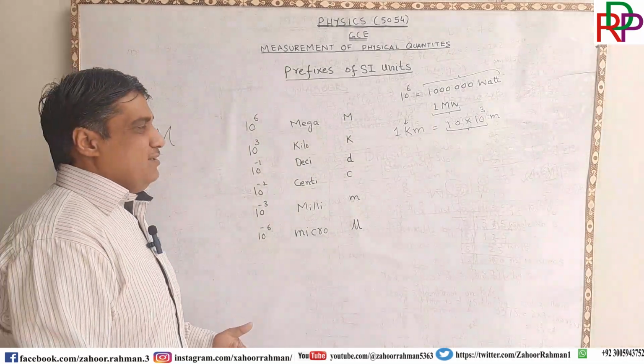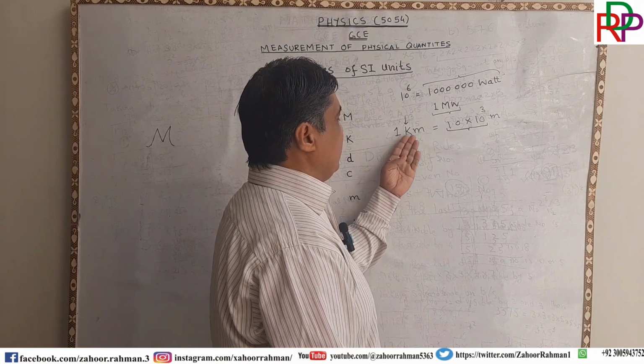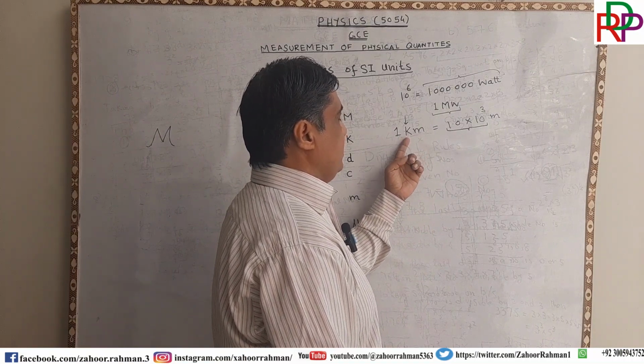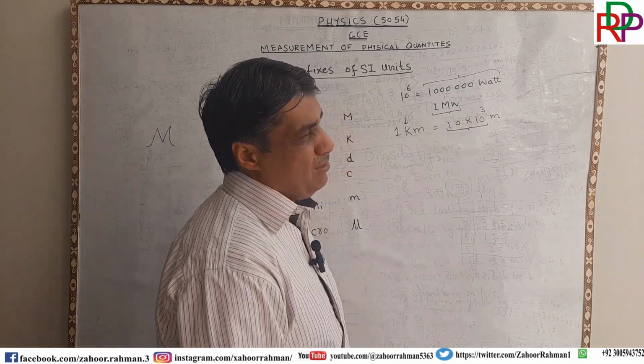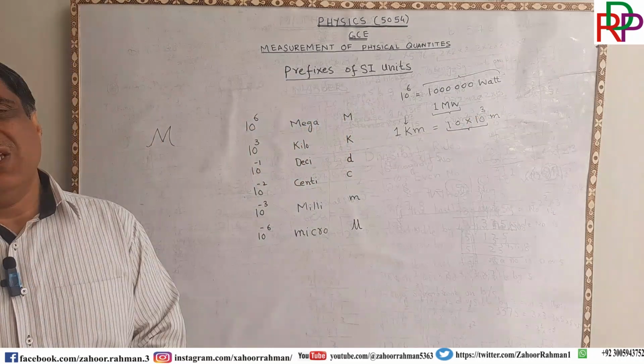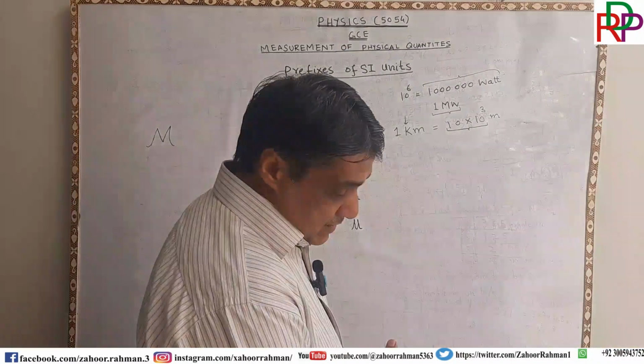So if in any question it is given 1 kilometer, so kilo means 1.0 into 10 raised to the power 3, or simply you can write 10 raised to the power 3 meter.